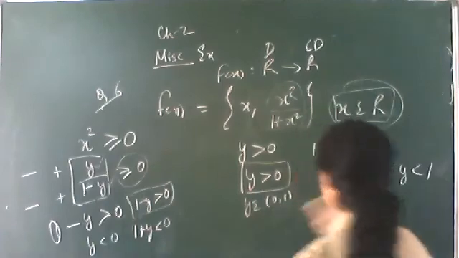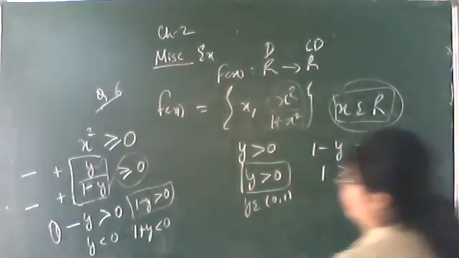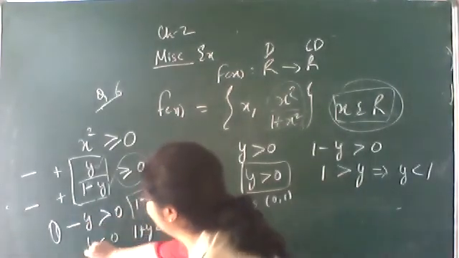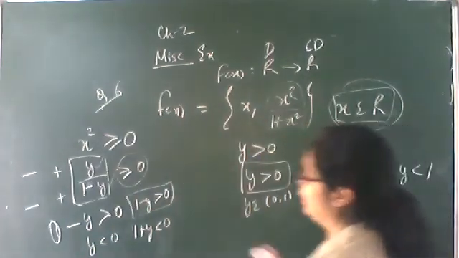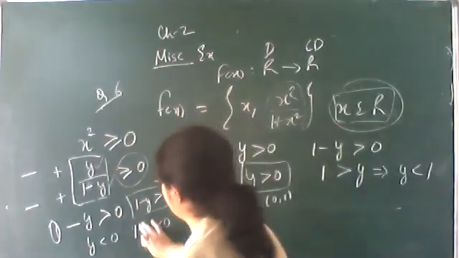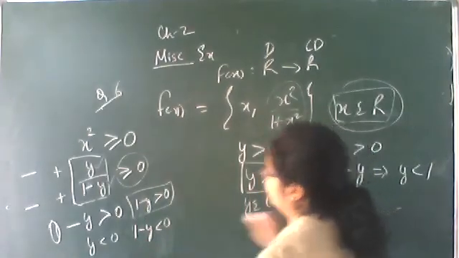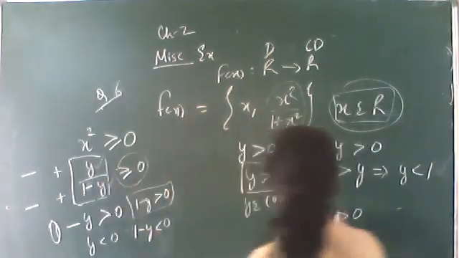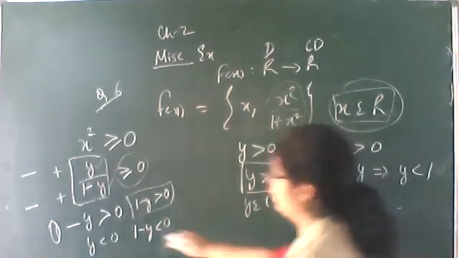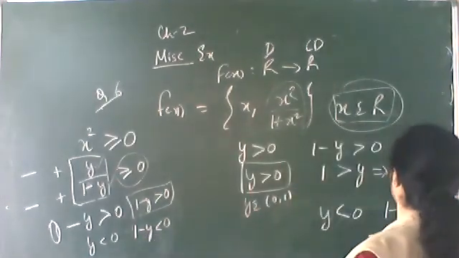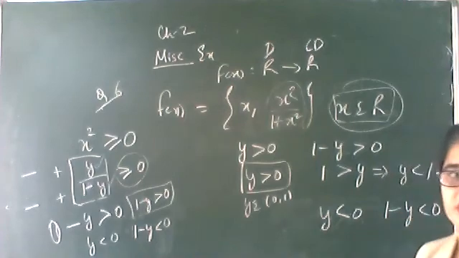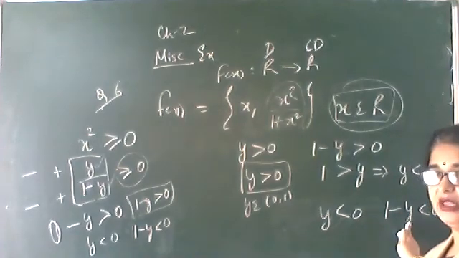Now from the second condition, just see. Second condition: both the numerator as well as the denominator are negative. So we'll have y less than 0 and 1 minus y again less than 0.